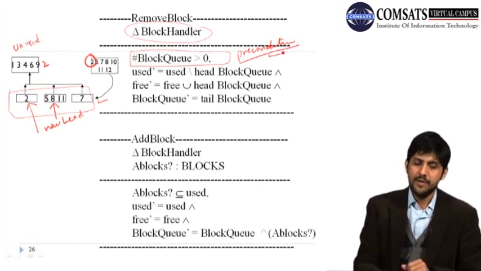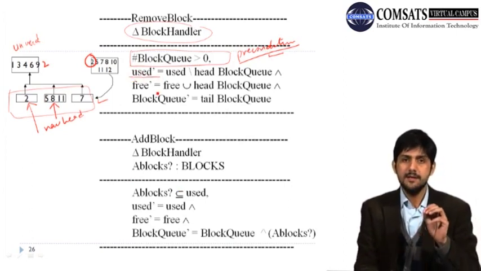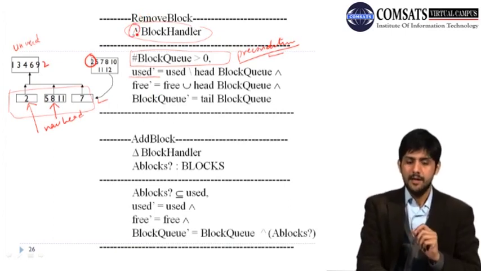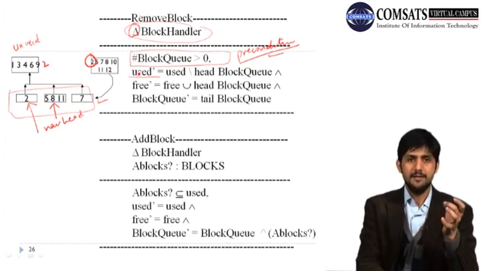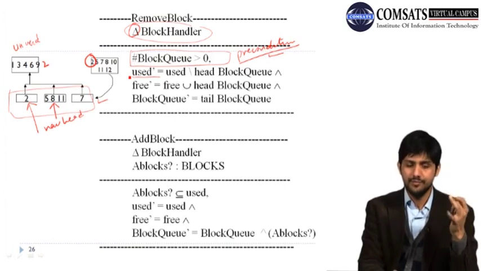So what are we doing now? We are going to change the state. We know that here because we said delta block handler. We are going to change the data stored in the used set, the data stored in the free set, and our block queue.